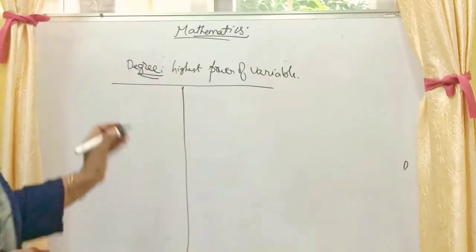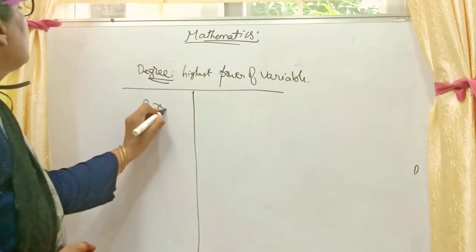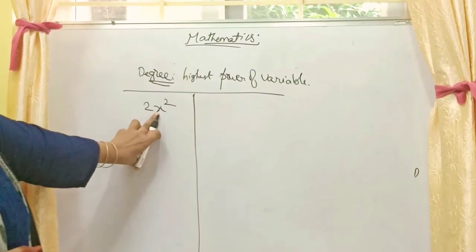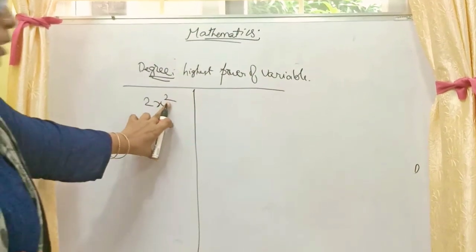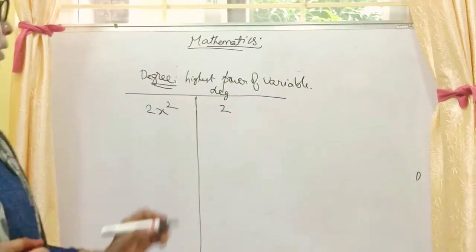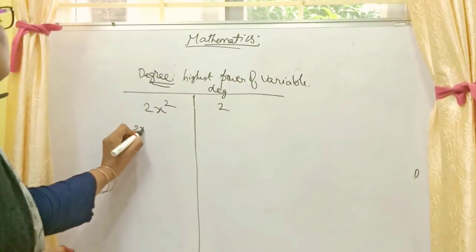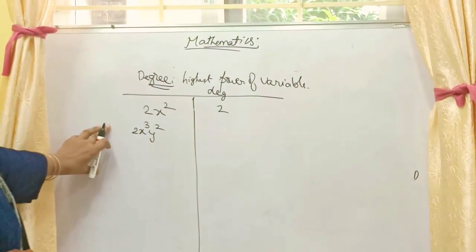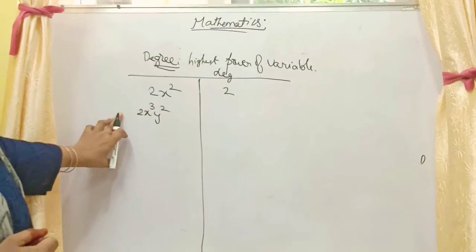What is the degree of 2x square? What is the variable here? x is the variable. What is the highest power it has? 2. Therefore, the degree is 2. Now, 2x cube y square. What type of polynomial is this one? Monomial.